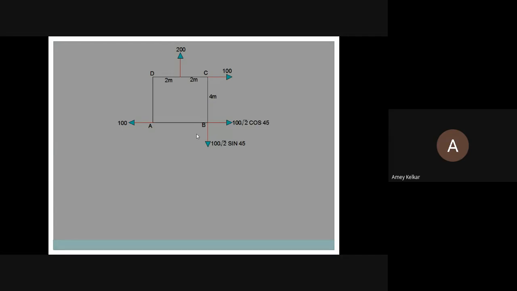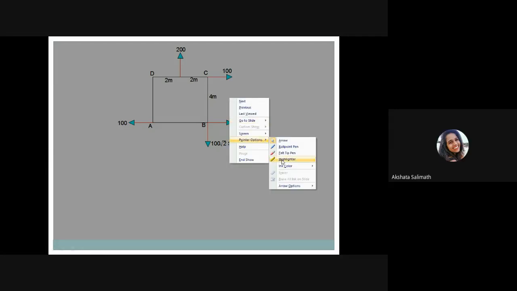Anyone who has done summation Fx can tell the answer. 100 minus 100 plus 100√2 cos 45. Very good. That is 100 Newton.